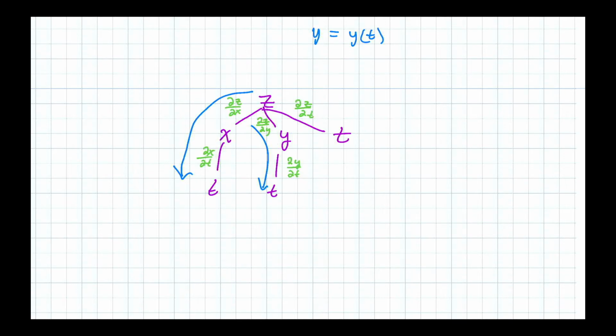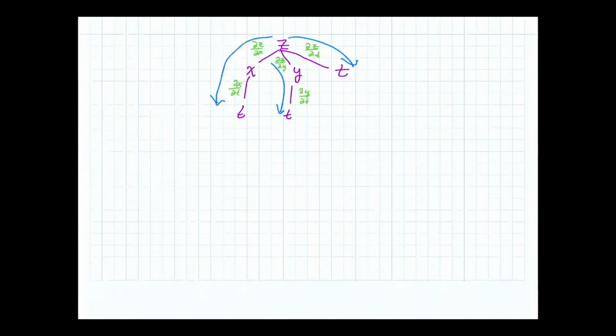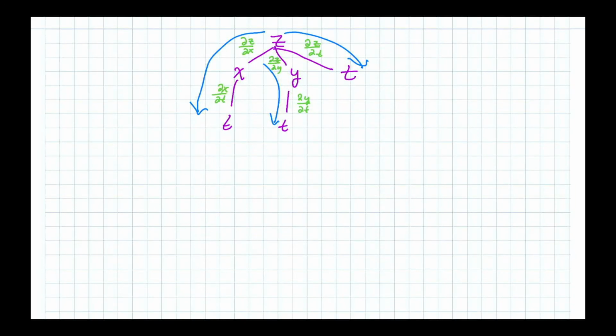This way, so there's going to be a formula there. And then also this way, a third way to get to t. And so you have to take all of them there. So if you work it out in this one, it would be dz/dt would be partial z with respect to x, right?